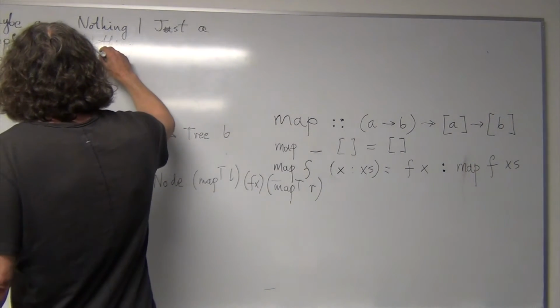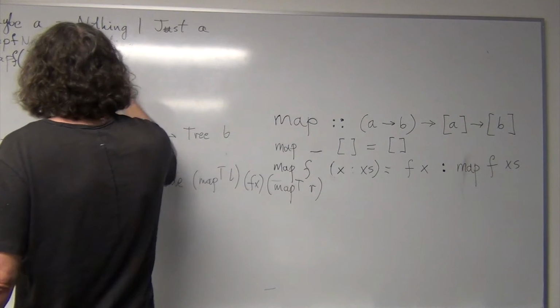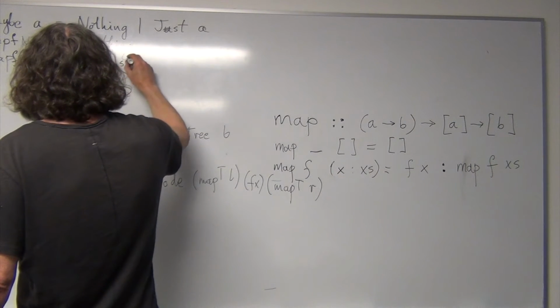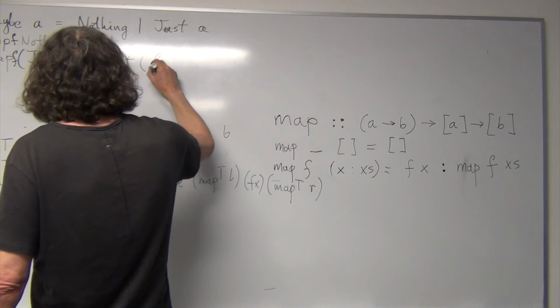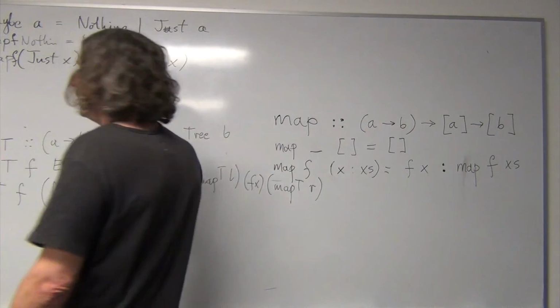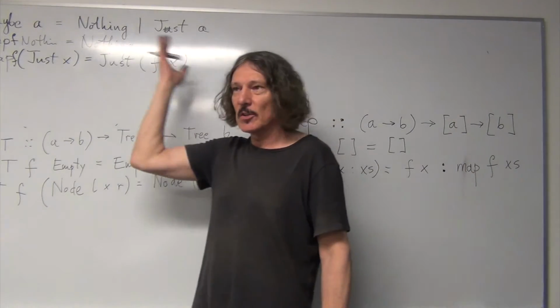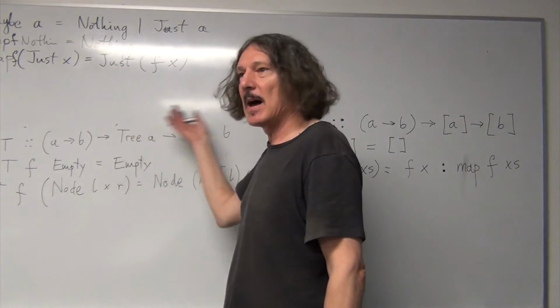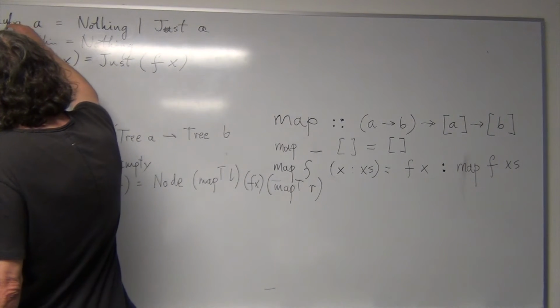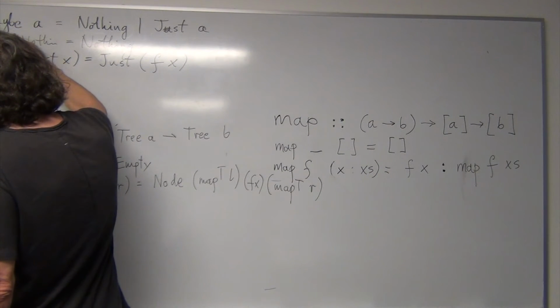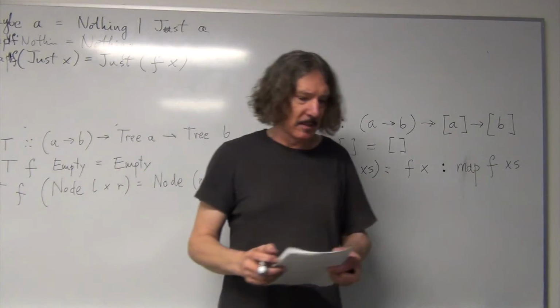It cannot change the shape, so it still has to be just. It has to be this one element thing, but it changes the content by applying the function f to it. So that's sort of obvious. This is one of these map things, only I'll call it map m, even though map m is used for monads rather than maybes.